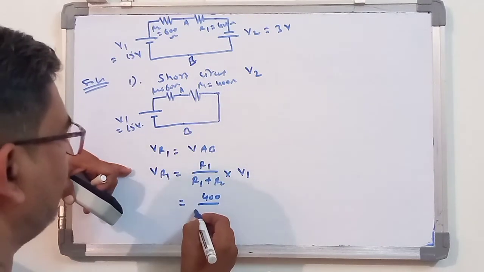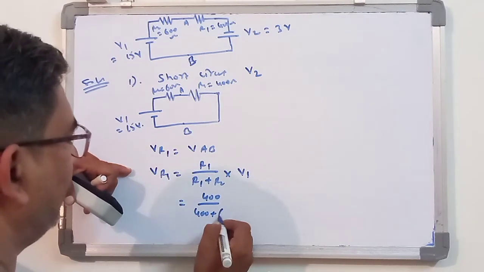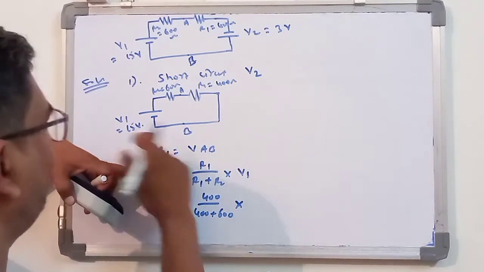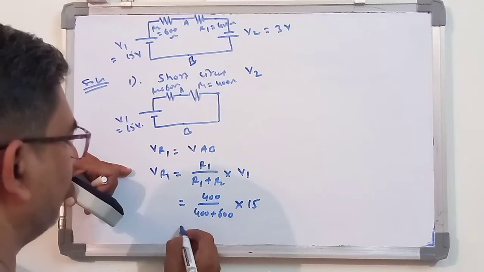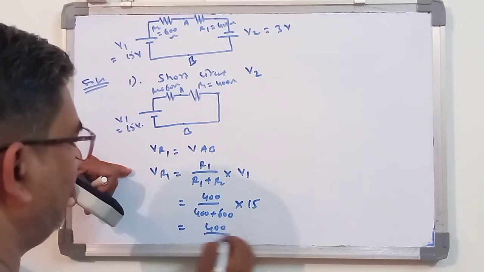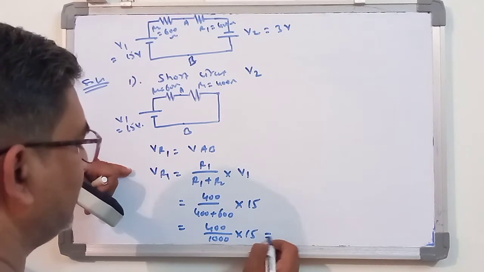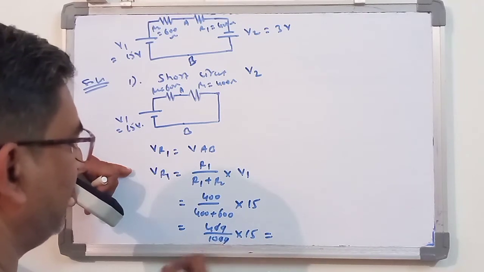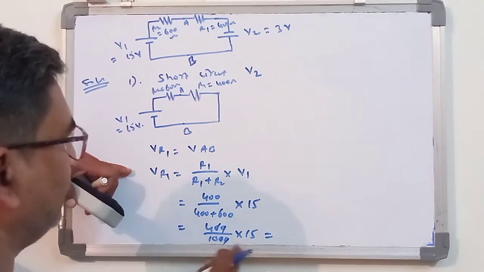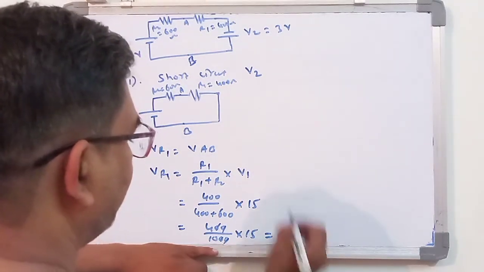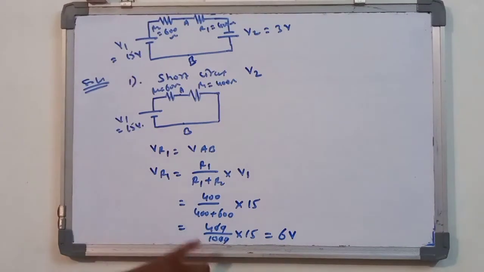Again R1 plus R2, that is 400 plus 600, multiply by V1, which is 15. So 400 divided by 1000 multiply by 15, this one will get cancelled. So you will be obtaining the value, that is 6 volt. Okay, it is a 6 volt.